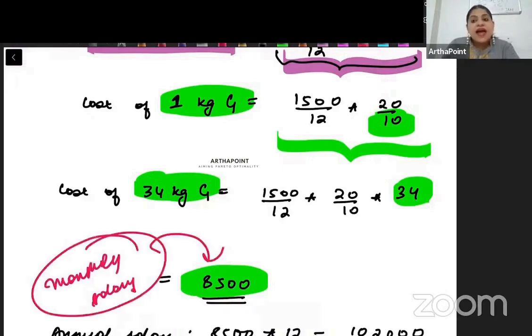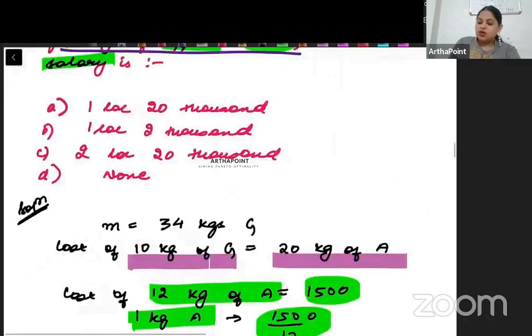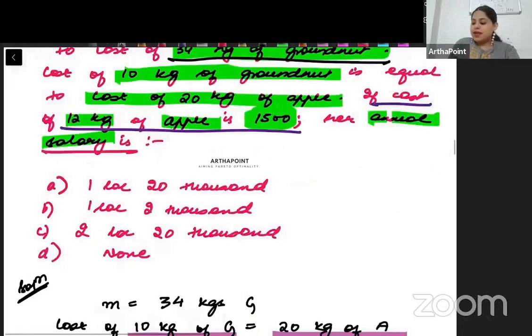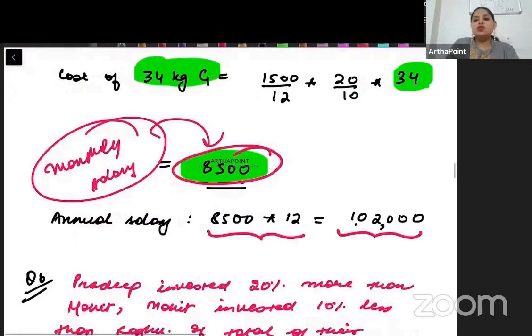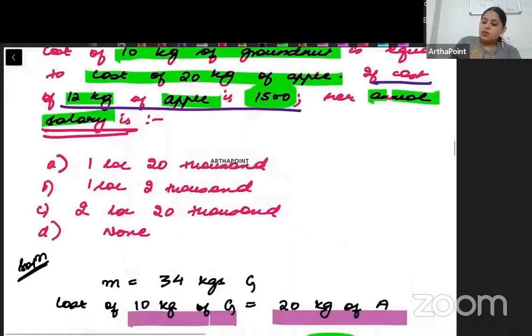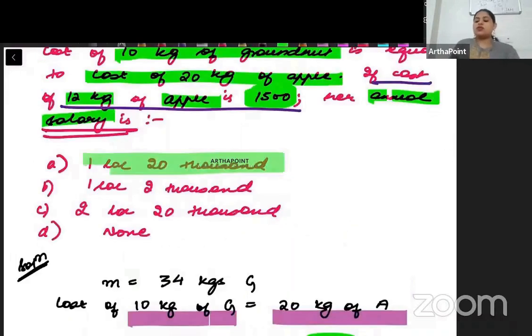But they are asking her annual salary. So I will multiply it by 12. So when I multiply 8500 by 12, I will get 1,02,000. So answer to this question will be 1,02,000. That's the answer to this question.